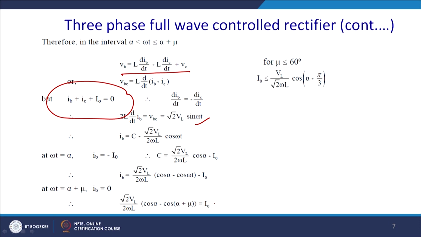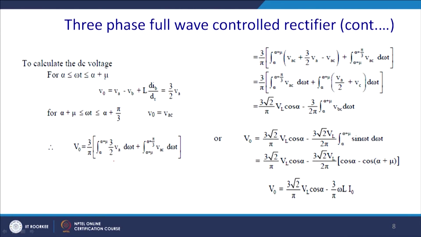And thus, for mu less than or equal to 60 degrees, I0 should be less than or equal to VL by root 2 omega L times cos alpha minus pi by 3. These equations will hold, and for the continuous conduction mode we have to satisfy this condition, so that we get continuous conduction mode operation.